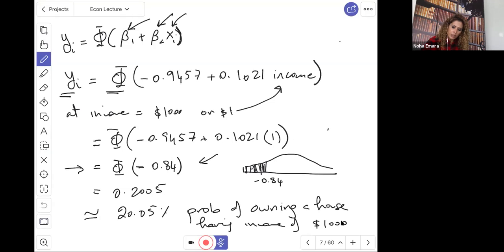I want you to remember that this computation extends to the multi-regression model. As you can see here, I have only one X, but I can have a model in which I have other factors, right? I can have education. I can have whether the person works or not. I have age. All of these are factors that would affect the probability of owning a house. Whether the person is married or not, and so on.